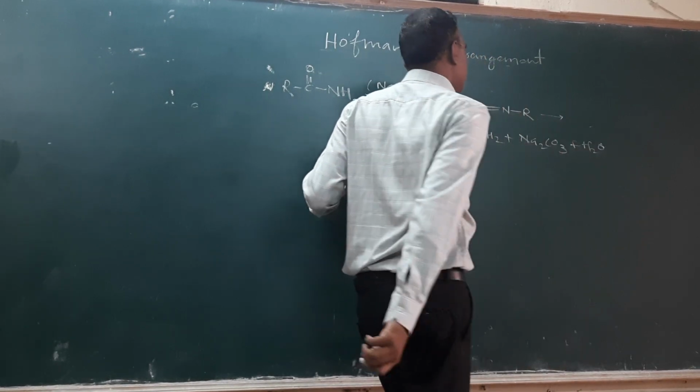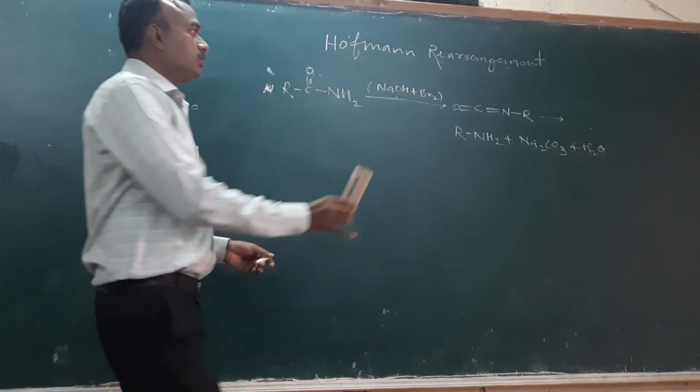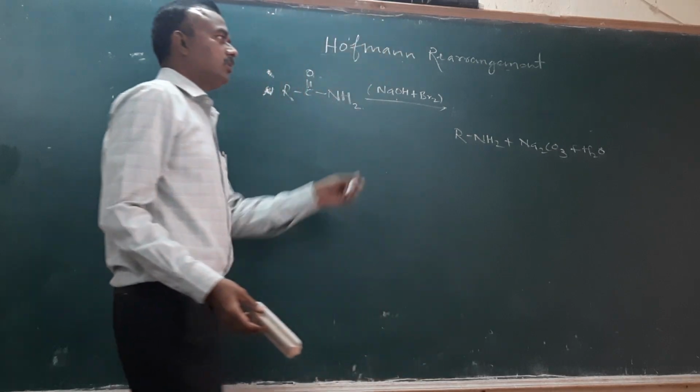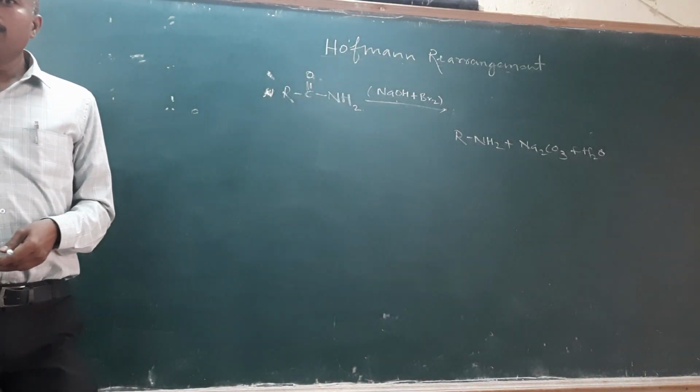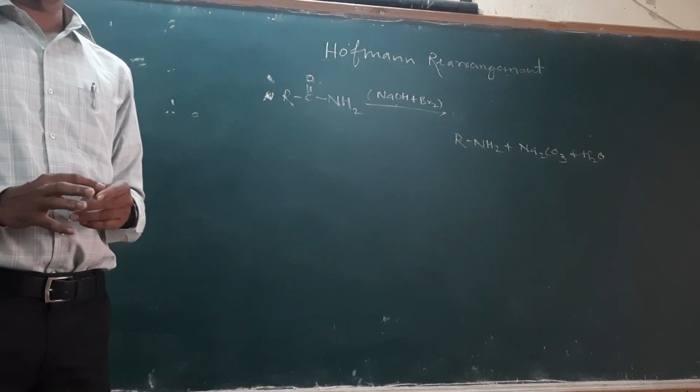Yes, the ketene will form. You can assume this is the intermediate, and this is the final product for the Hofmann rearrangement.